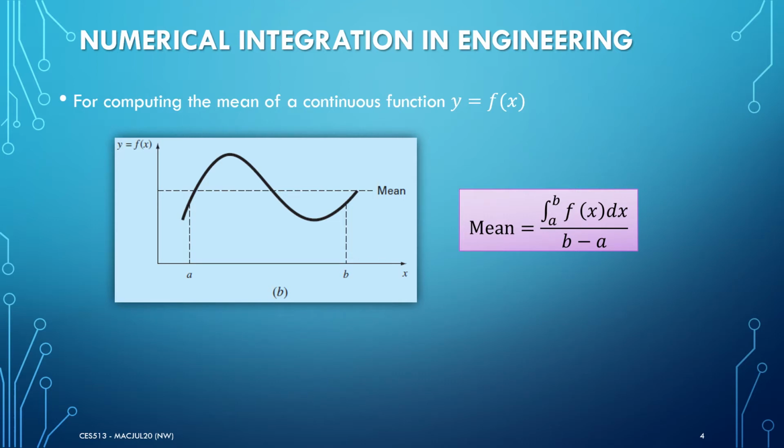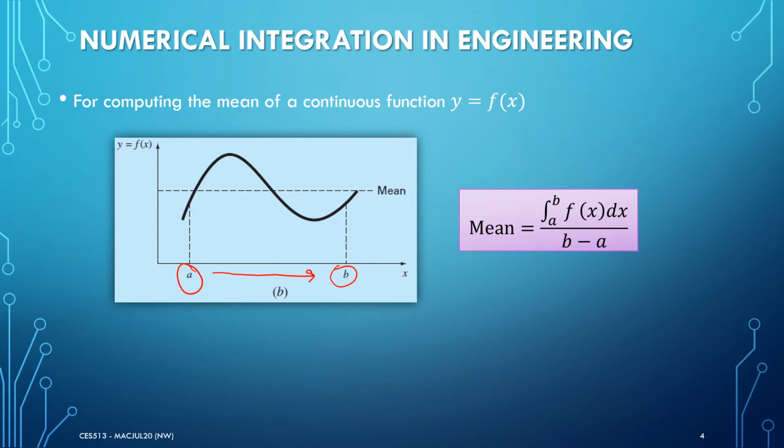The other example of using numerical integration in engineering is for computing the mean or average value of a specific function. For this case, the figure shown here has an infinite number of values between a and b.